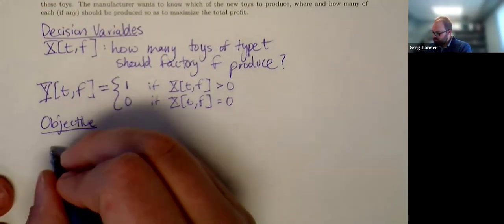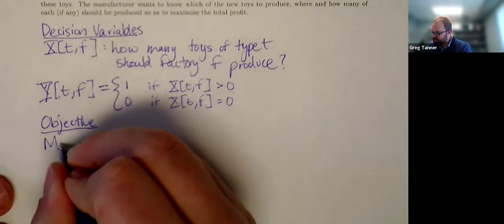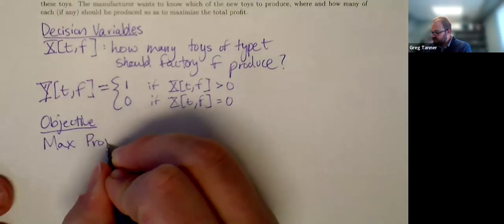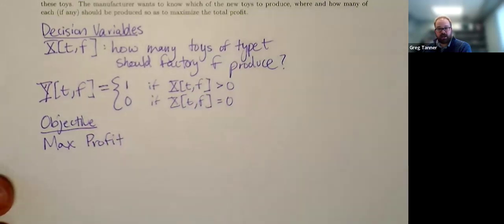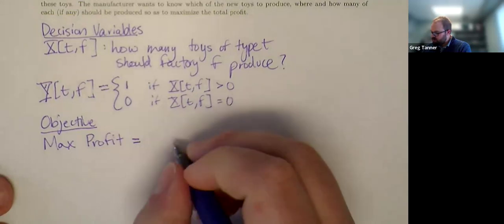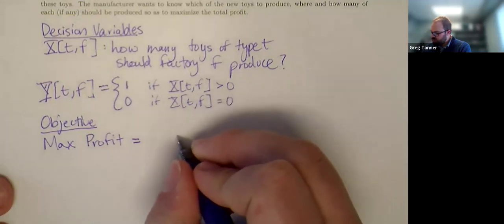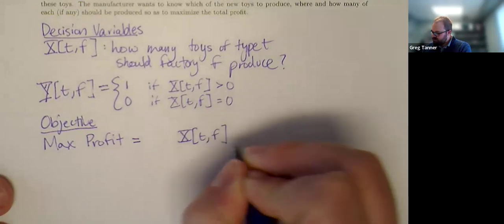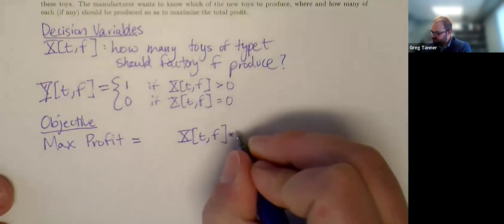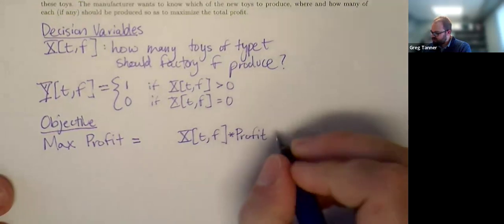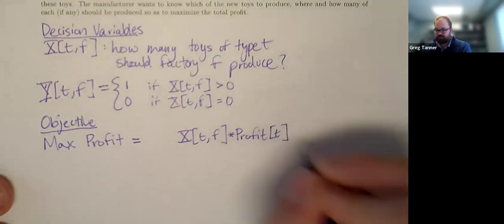Our objective is to maximize our net profit, taking into account those costs. And so that's going to be equal to, for each toy we make, we get the profit. So that's going to be X TF times profit. And the profit doesn't depend on the factory, it just depends on the toy.